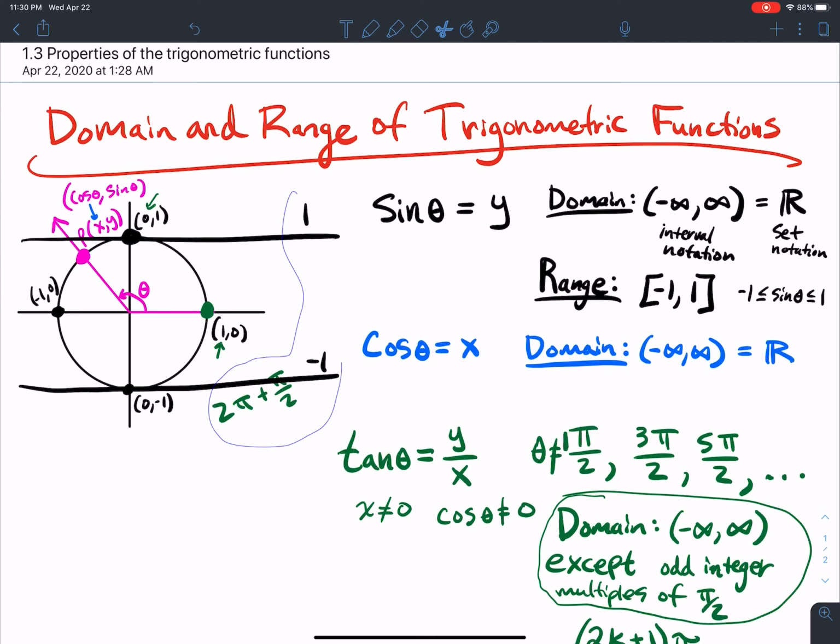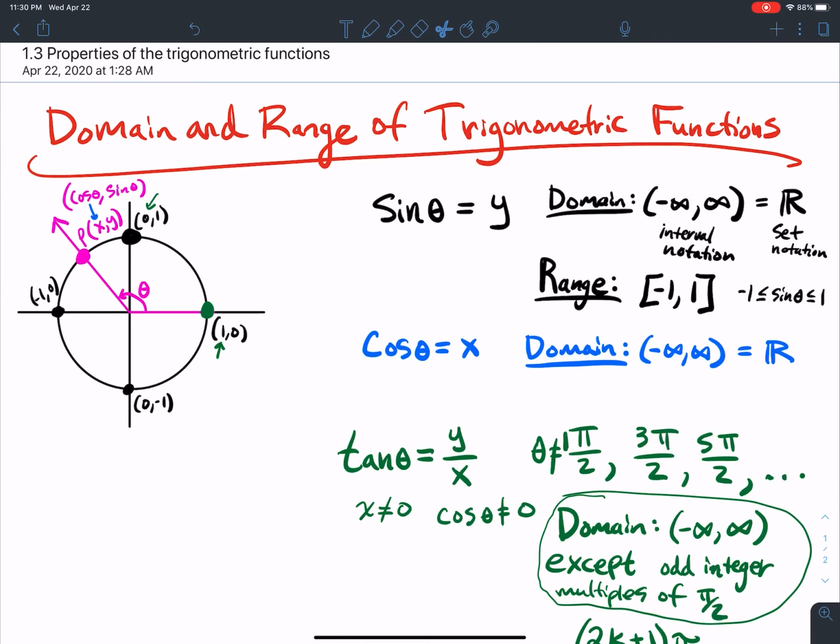Now that's the range for sine. What about the range for cosine? What are my x values ranging between? Well, the biggest x value I see here is an x value of 1, and the smallest x value I see is -1. So it's the same thing.